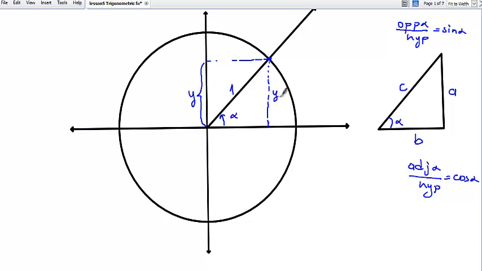This is the y value of the point, and this is the x value of the point, so the coordinate of this point is x and y.